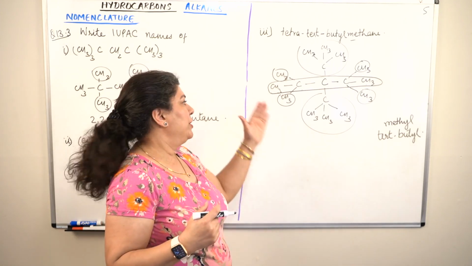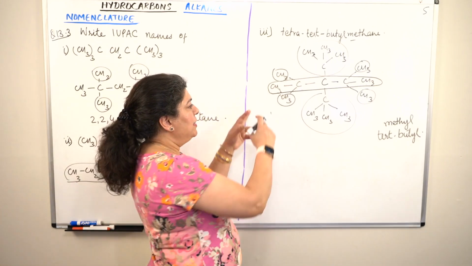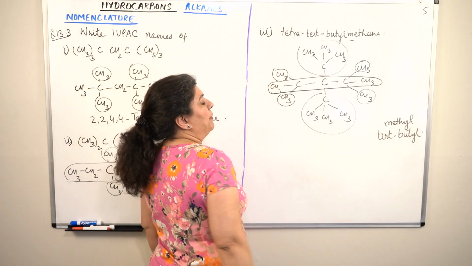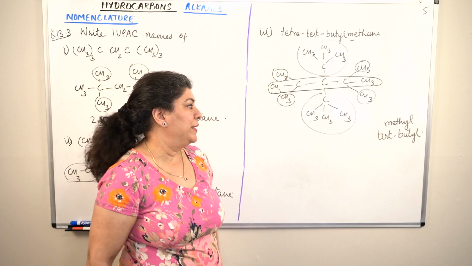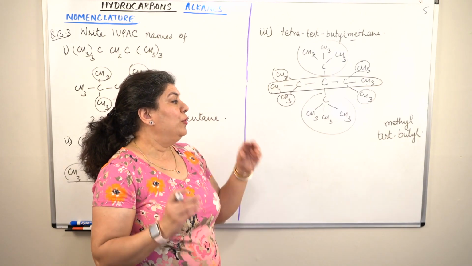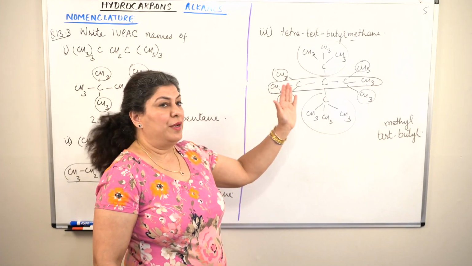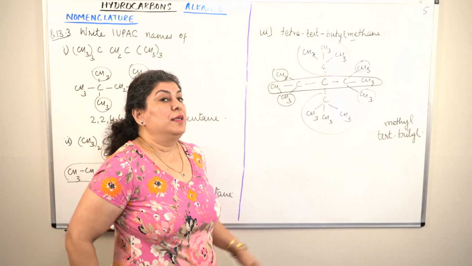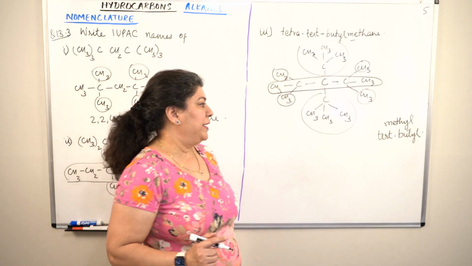Whenever you have a choice, you would like to go from left to right because that's the direction in which we write. So it's easier for us. Then, when we are naming the compound, we have to keep in mind that when you have different substituents or branches, you have to name them according to their alphabetical order. Even if the locants are assigned in whatever way, it is the alphabetical order in which you have to write it.